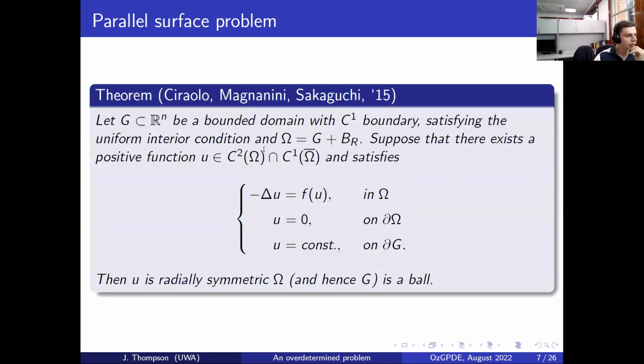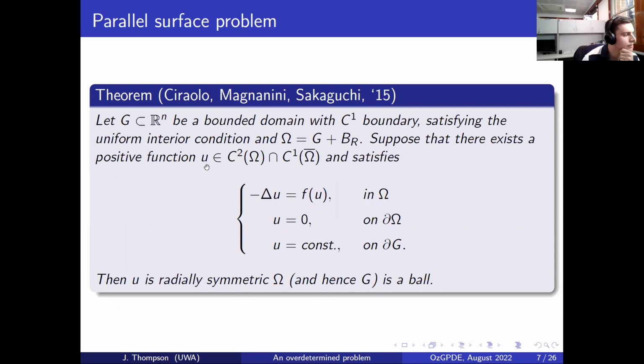Now, in the local case, the parallel surface problem is this. This was proved by Ciraolo, Magnanini, and Sakaguchi in 2015. We have the same setup as I just mentioned. G has a C1 boundary, and it satisfies the uniform interior ball condition. So at every point on the boundary of G, there's a ball that's a subset of G that touches the boundary at that point.